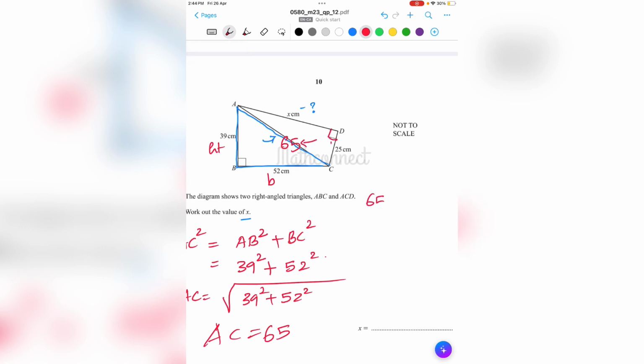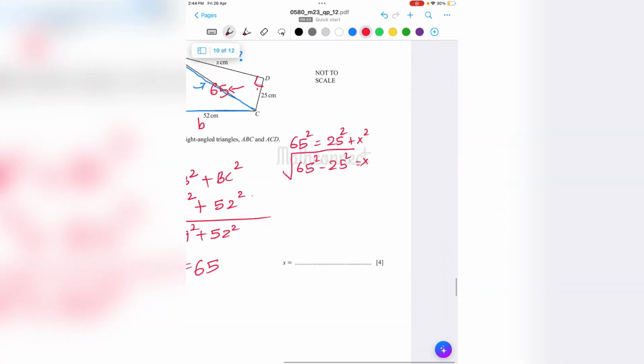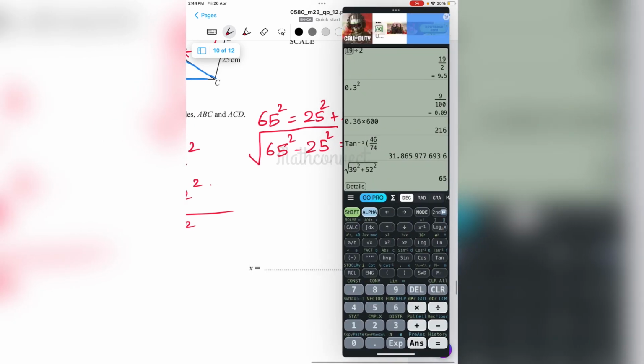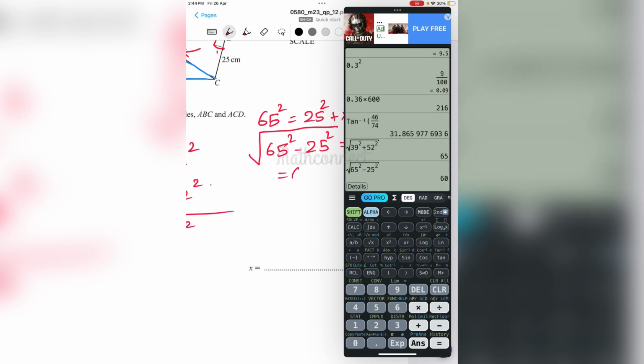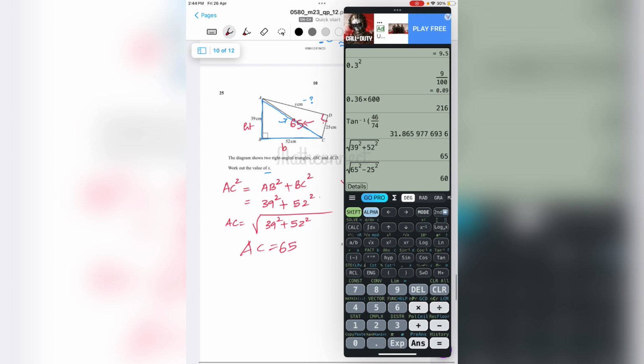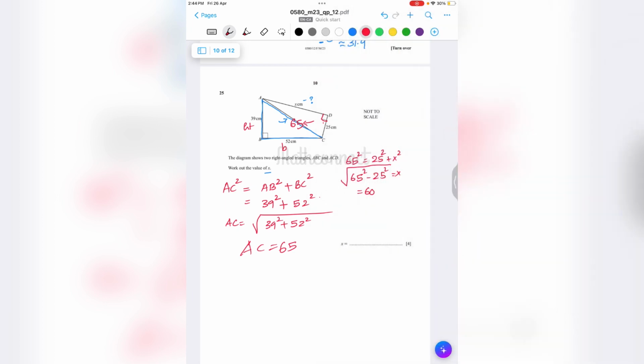So 65 square equal to 25 square plus x square. So 65 square minus 25 square, the whole root will give us x. So let's enter this in the calculator. Square root of 65 square minus 25 square, and the answer is 60 centimeter. So x is 60 centimeter.